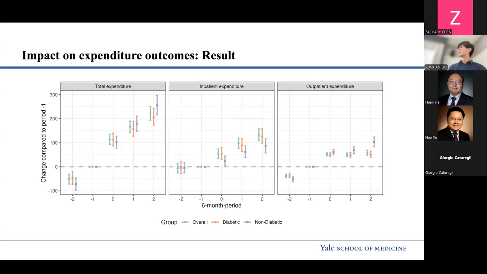And here are the results for the healthcare expenditure. We can see that the total expenditure actually goes up. This is stratified by visit type. Total expenditure goes up, inpatient expenditure goes up, and outpatient also goes up.